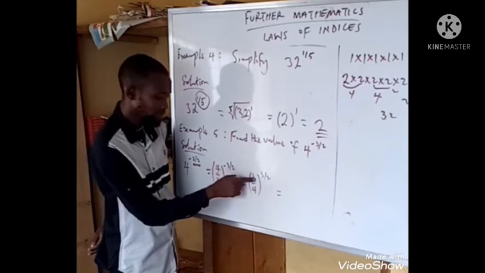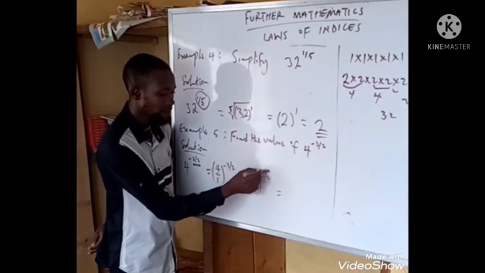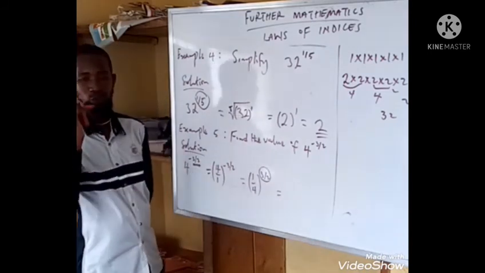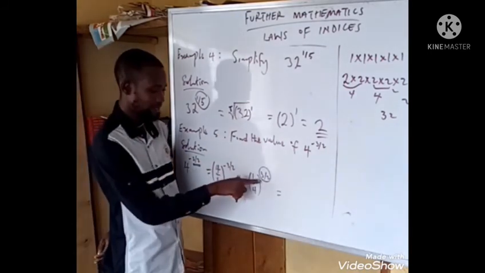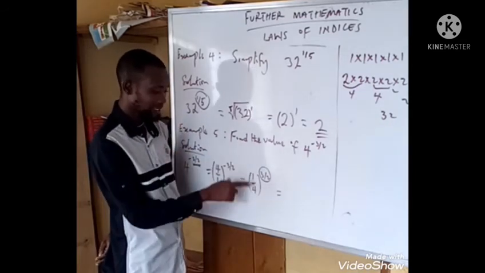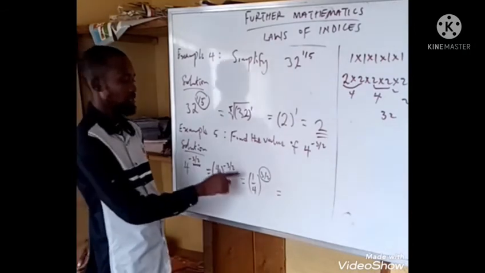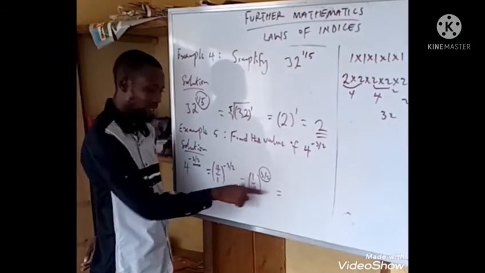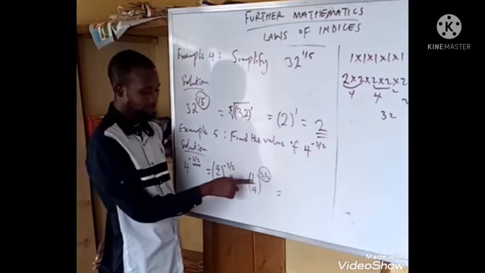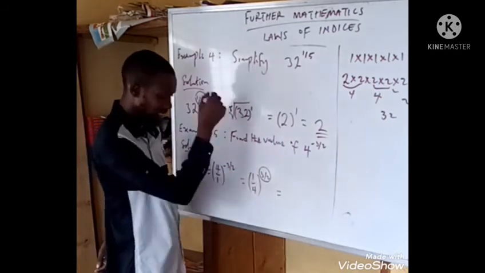But the problem with it now is that the power is not just a whole number, but a fractional power. So whenever the power is a fractional number, its meaning is that the base is a number in root form. So let's express it that way.